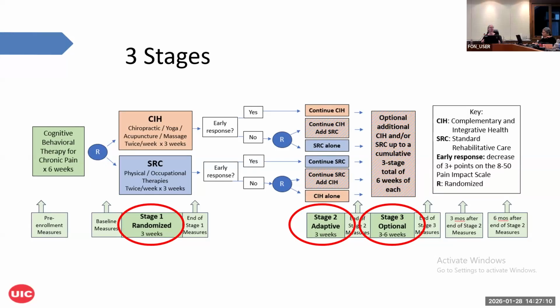So again, very much like clinical practice, we continue to work with the patient and we continue to give care. Okay, so again, this is much more closely related to what you do in regular clinical care. So stage 3, we called it optional, okay? Because based on your clinical judgment as an advanced practice nurse, you are going to then modify what they're receiving for care.